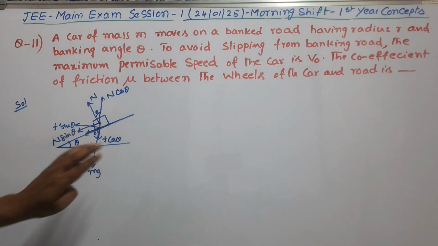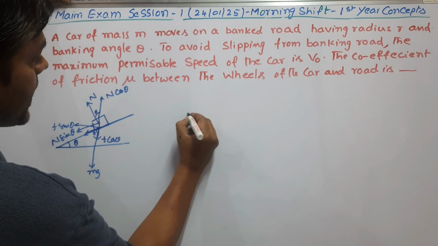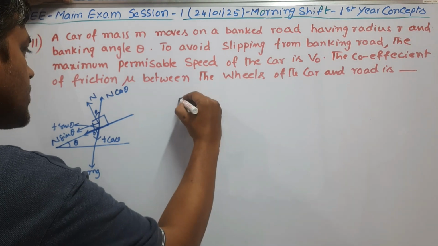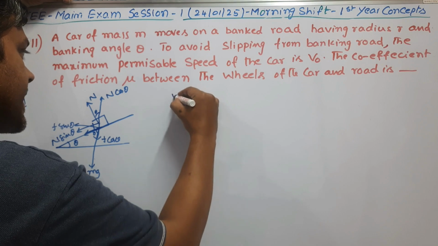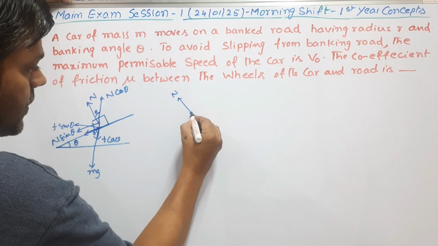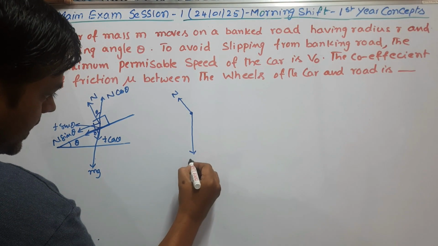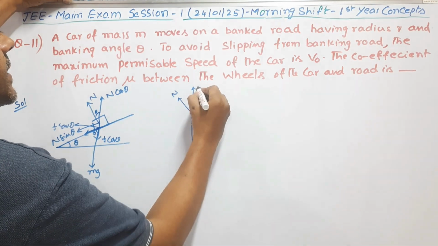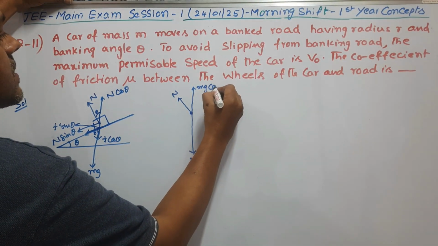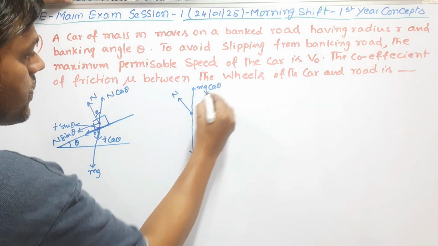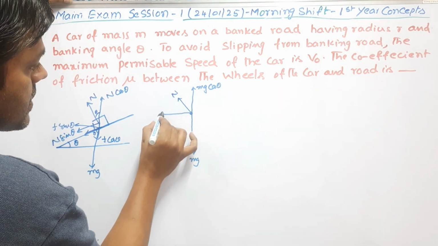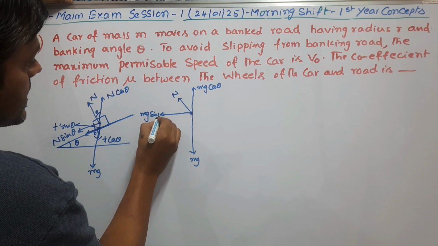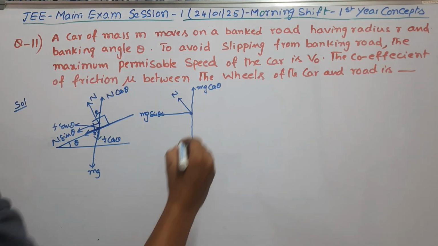Now you can easily understand; it is better to draw a free body diagram. This is the body. This is the normal reaction direction. Weight acts vertically downward. The weight components are mg cos theta, and along this horizontal, mg sin theta acts.